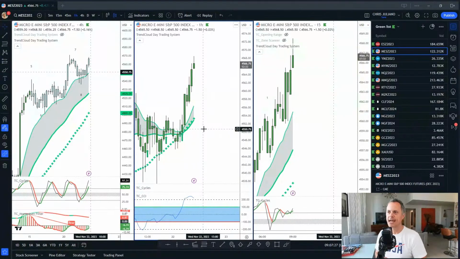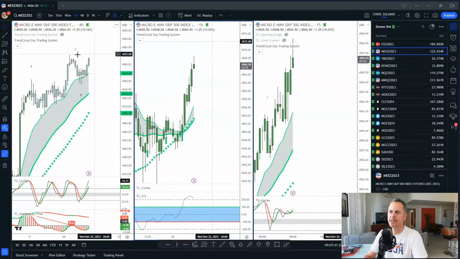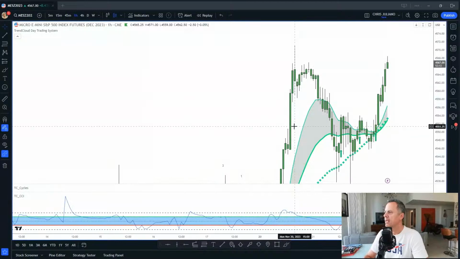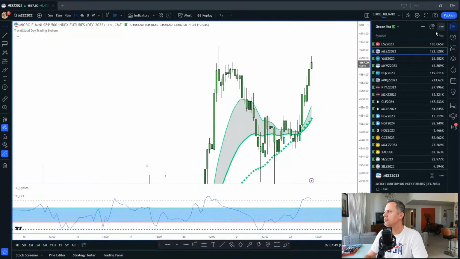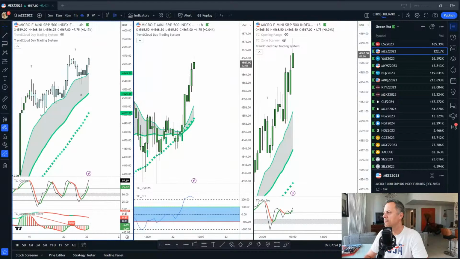Right now, if you take a look here at the micro S&P, you'll see that we've got an upward trend. Do you see how these candles have just turned ice blue? That means the trend is extended. Let me show you the 4-hour chart.